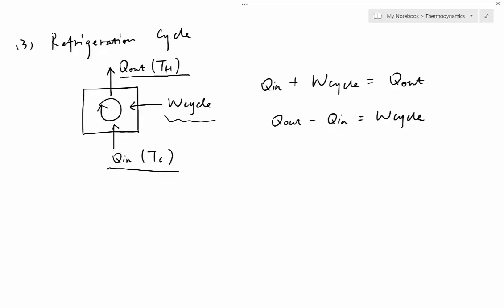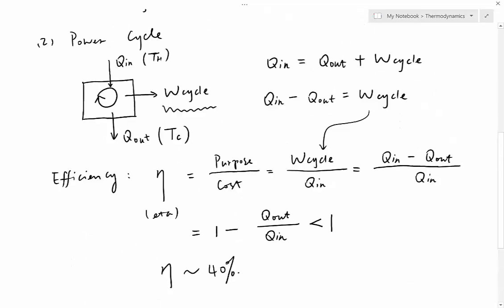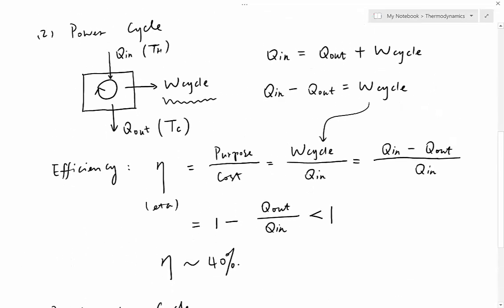And next one, just like a power cycle. If you have an engine, you want to know the efficiency before you make a purchase, right? And now, when you buy a refrigerator, you probably want to know the same thing. What is the efficiency? How good is the performance of this refrigerator? So we do have a parameter that we use to evaluate the performance of the refrigerator. Just like for a power cycle, what we used was called efficiency.